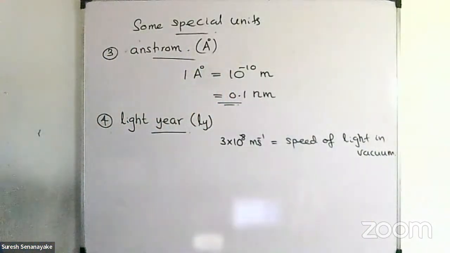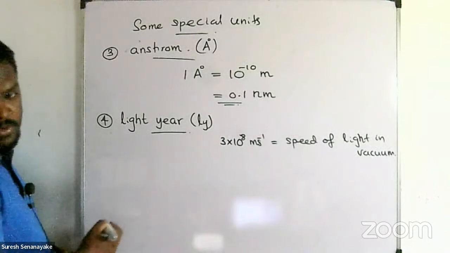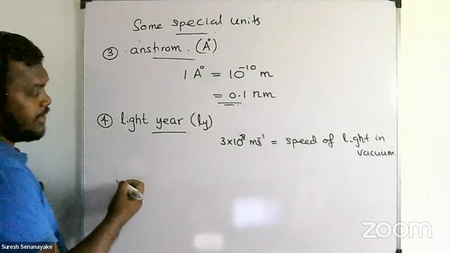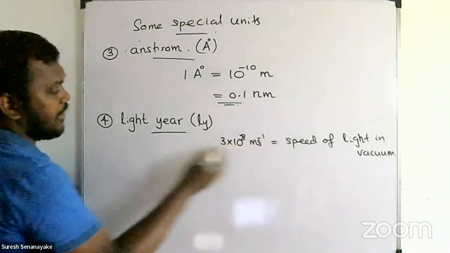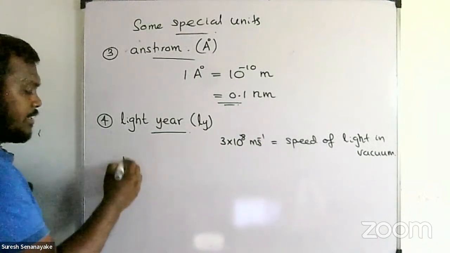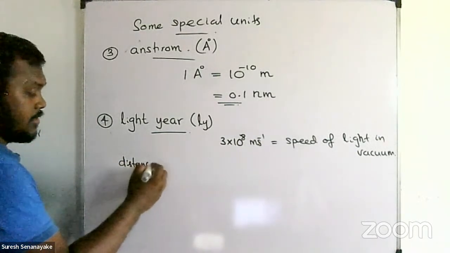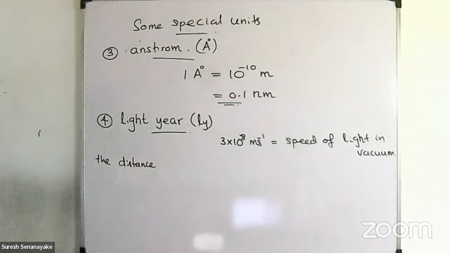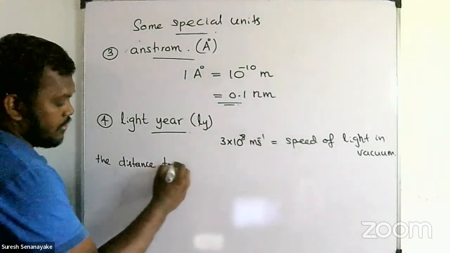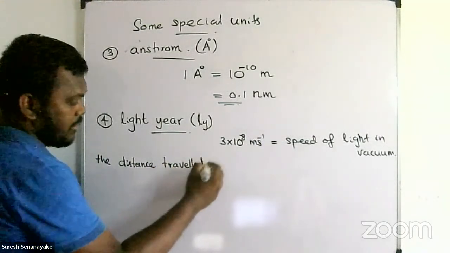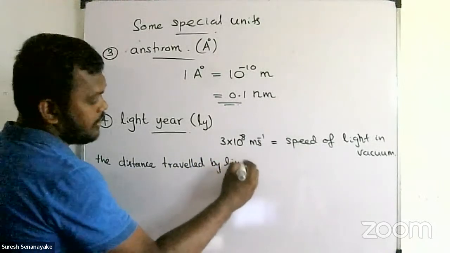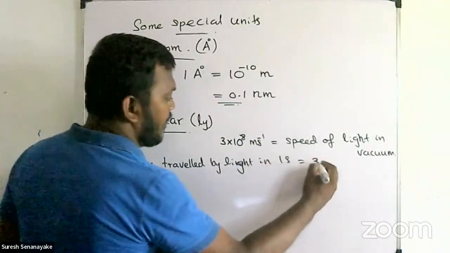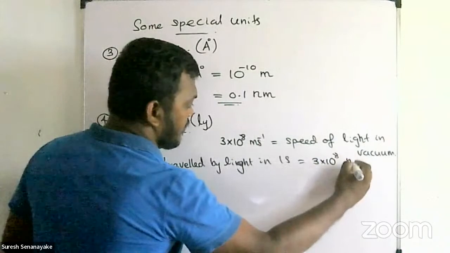Right. So then 1 light year, you can convert it like this. This is the distance traveled in 1 second. So the distance traveled by light in 1 second is 3 into 10 to the 8 meters.